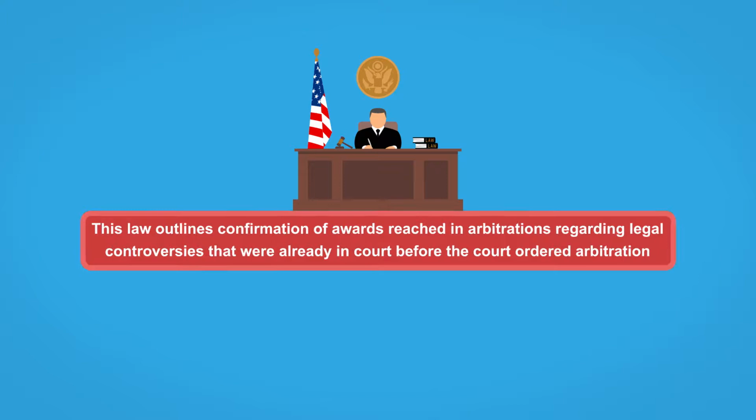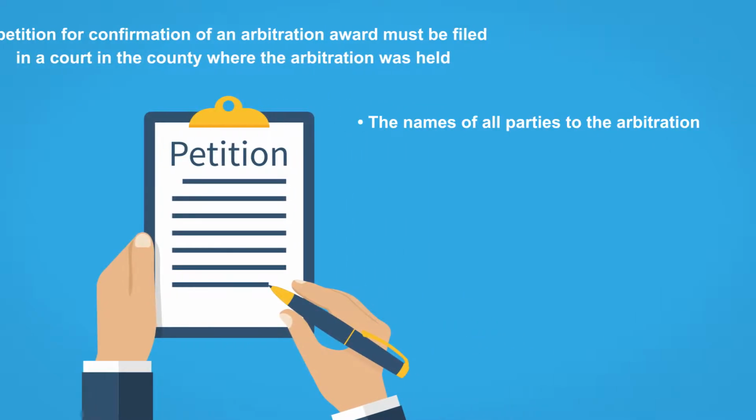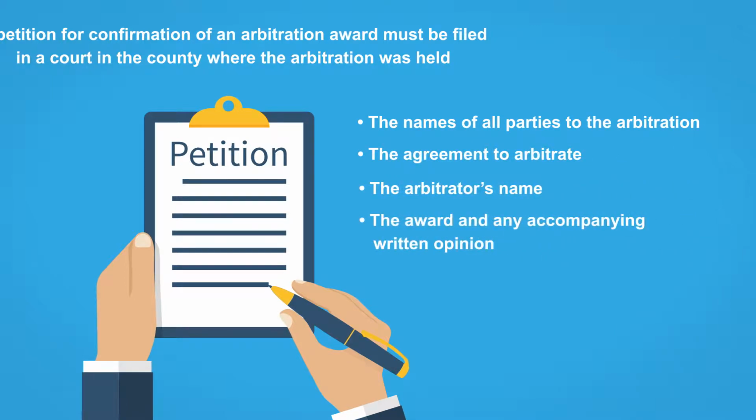This law outlines confirmation of awards reached in arbitrations regarding legal controversies that were already in court before the court-ordered arbitration. A petition for confirmation of an arbitration award must be filed in a court in the county where the arbitration was held. The petition must include the names of all parties to the arbitration, the agreement to arbitrate, the arbitrator's name, and the award and any accompanying written opinion.